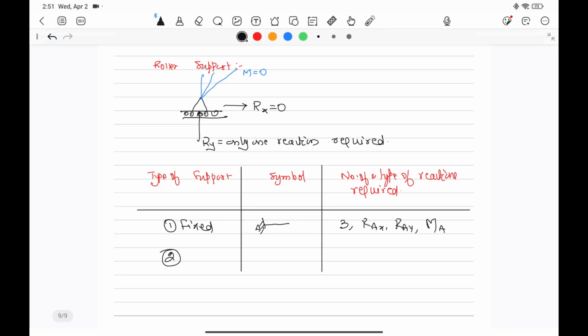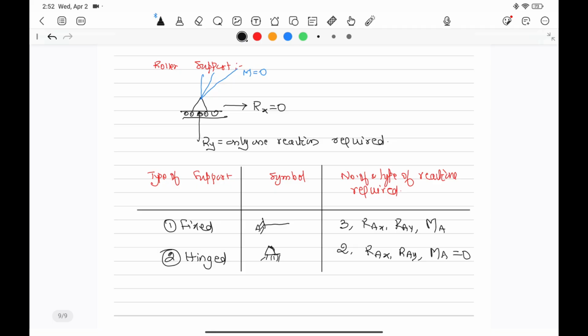Second support is hinge. Hinged is shown this way. There is no roller. Okay, it is hinge. Hinge, 2 reactions required. And what are they? RAX and RAY. MA is equal to 0.